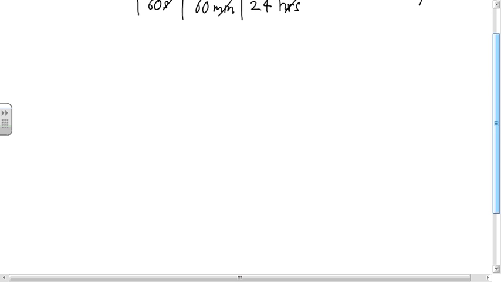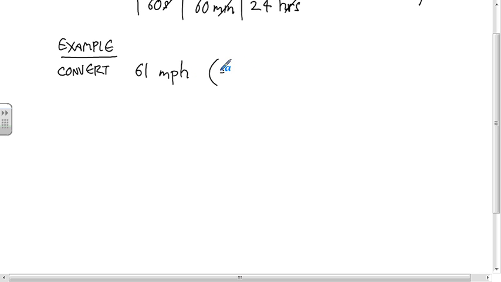Okay, so here's another example. Convert 61 miles per hour, and that means miles per hour like this, even though it's written as mph, into meters per second.